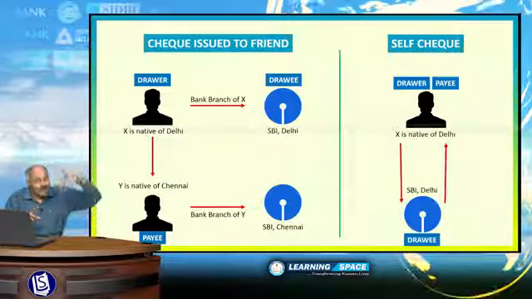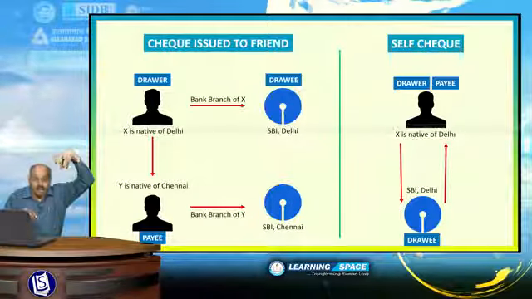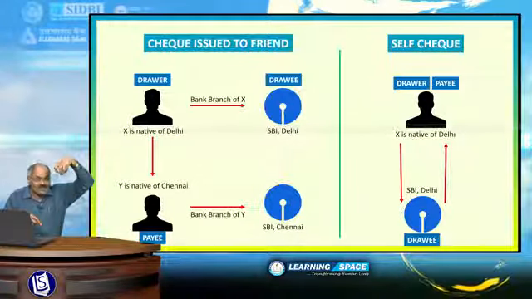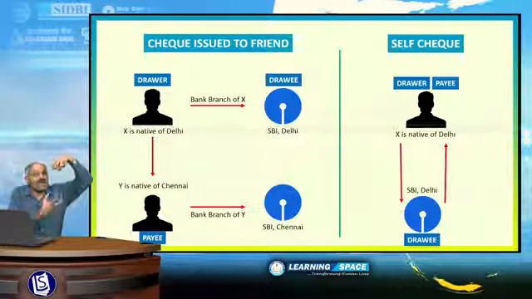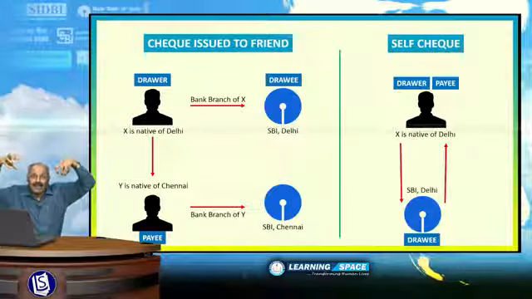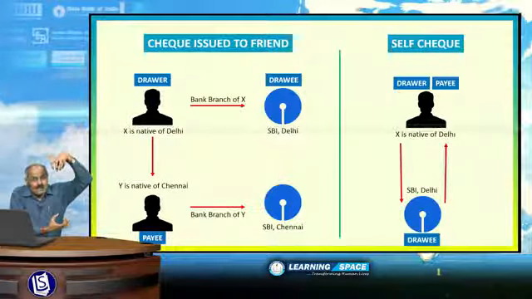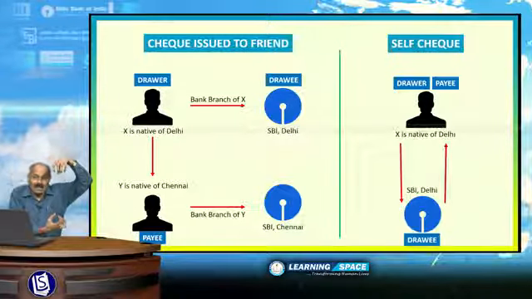The drawee branch is the branch of the drawer. X is giving 1 lakh rupees to Y, so the drawer of the check is X, his branch is the drawee branch and the payee is Y, his friend in Chennai.